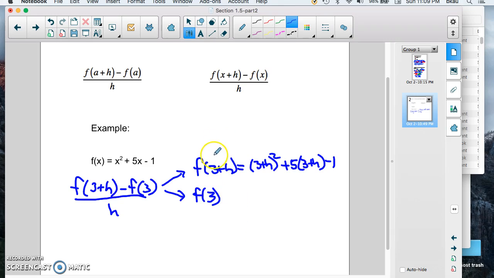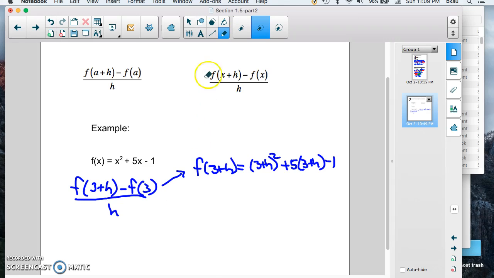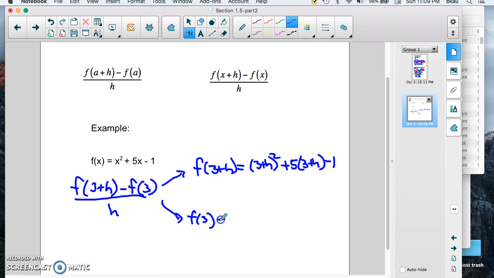Now f of 3 is going to be a little bit easier because we just plug 3 in. So let me erase this because I'm going to need to simplify the f of 3 plus h a little bit, and we'll move that down a little. We'll need a couple more spaces for f of 3 plus h to evaluate.